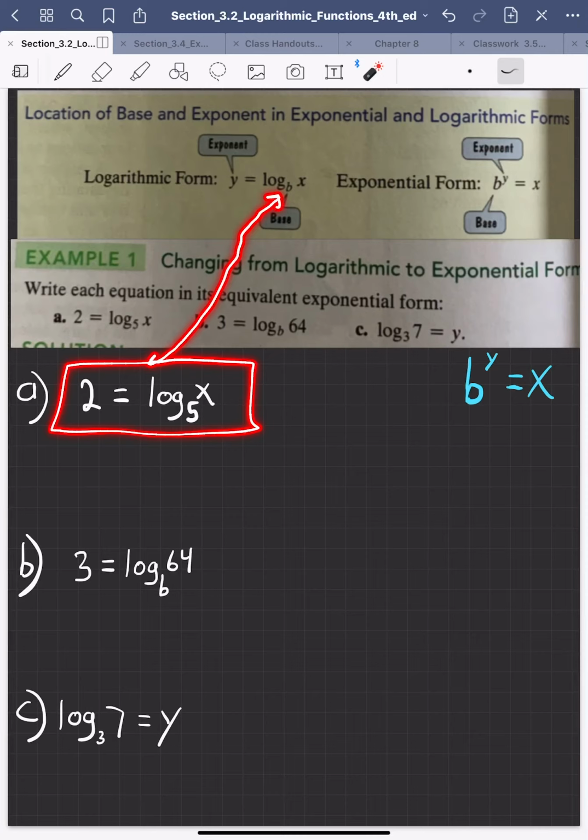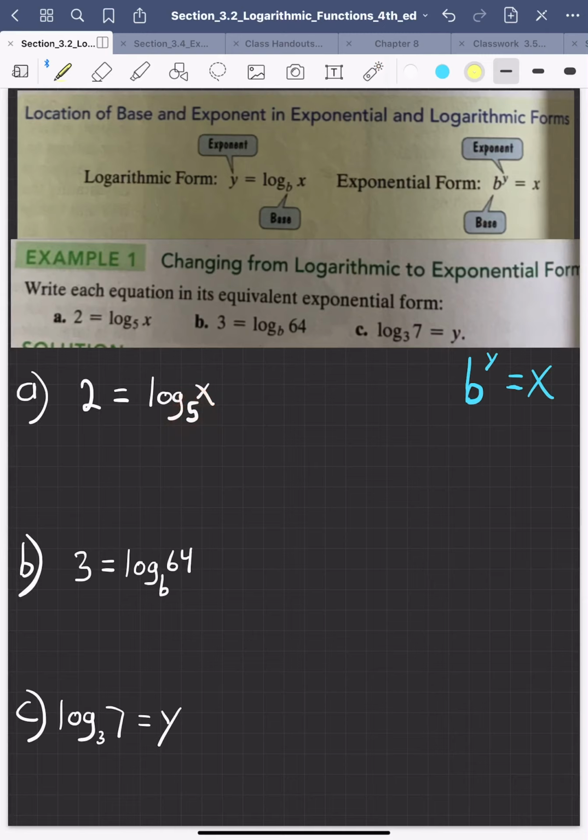The base is 5. So how I do this is, whatever is here, I'm going to write that first, the base. Now, it's going to be the base raised to some power. What's left? Well, it's either raised to the power of 2 or the power of x.